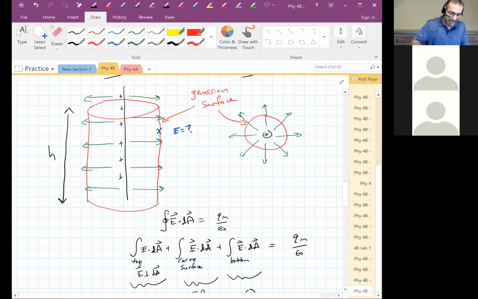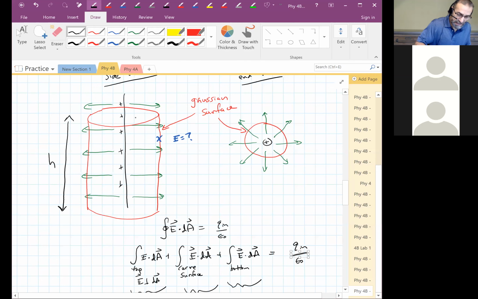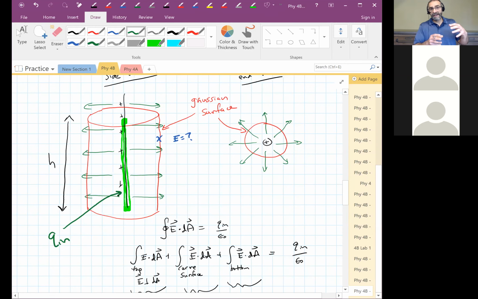So let's look back here and say that Q inside is going to be all the charge I've sort of highlighted in green there. That's the charge inside of my Gaussian cylinder.